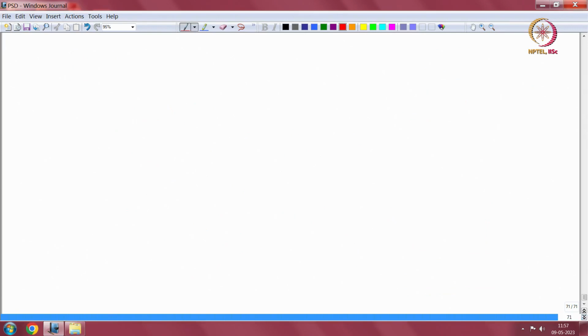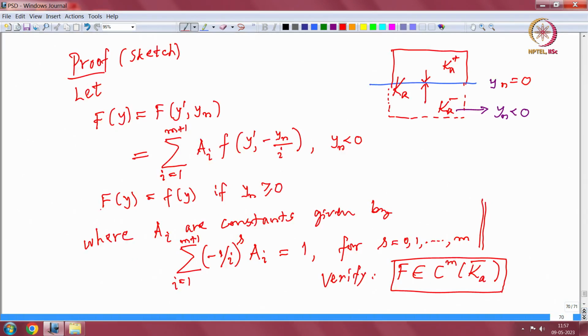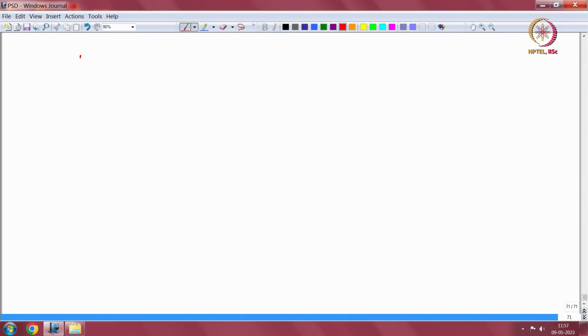For that, you just remember this expression for capital F. So next, before coming to the proof of the second one, you compute D^alpha of F, where alpha is any multi-index, squared, and then you integrate that over K_a minus.